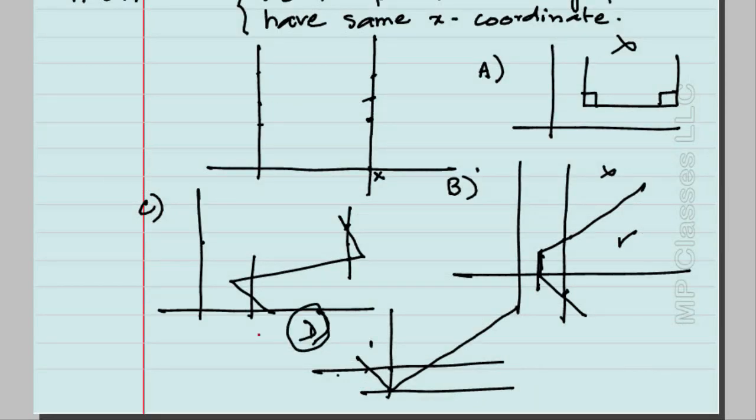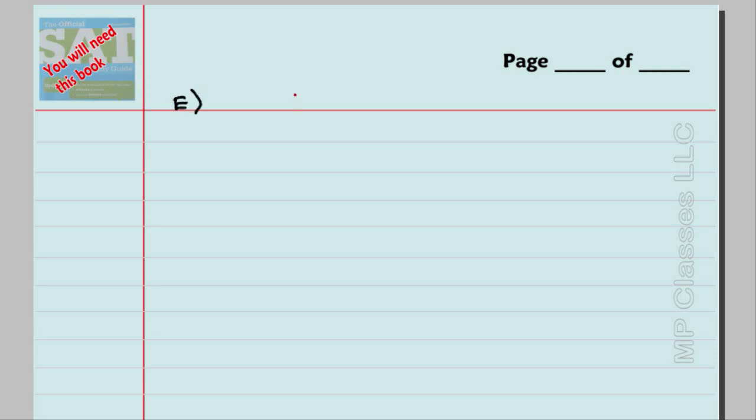Then you should not go further to E, but just out of interest I'll show that even E is not the case, and that is the E is given as this.